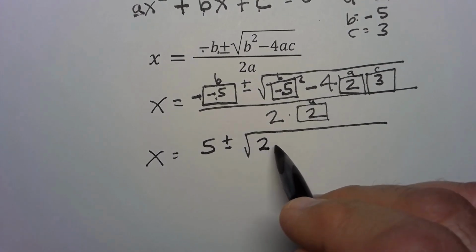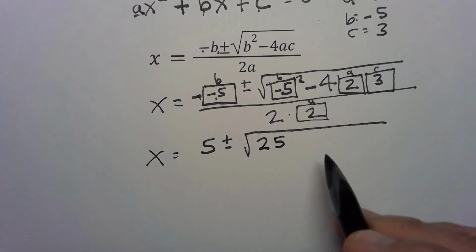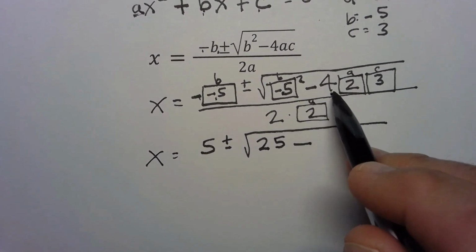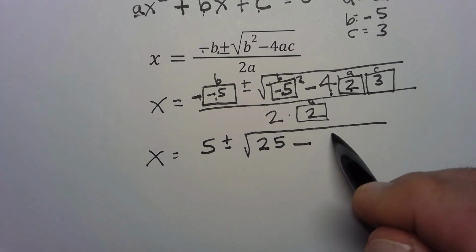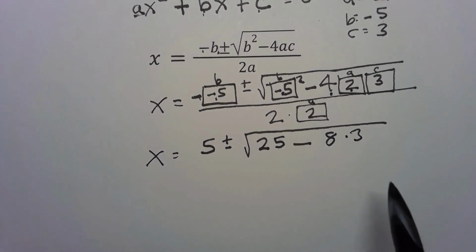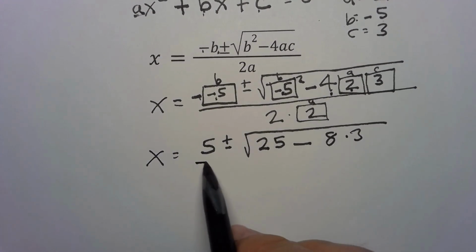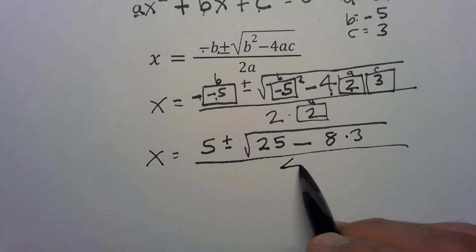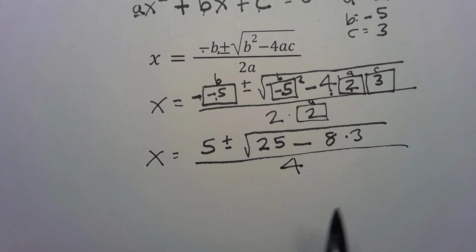So this becomes a positive 25 minus, and then I've got 4 times 2 is 8 times 3. So I'm just doing this a step at a time. And underneath here, 2 times 2 is 4.